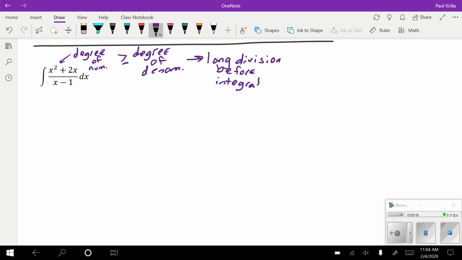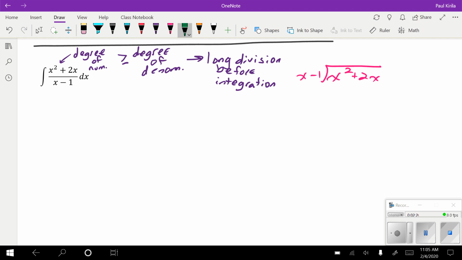Just as a reminder, long division with algebra is done just like long division way back in 3rd or 4th grade. The top goes inside, so x squared plus 2x is inside the house. x minus 1 is outside, so that's what we're dividing by.